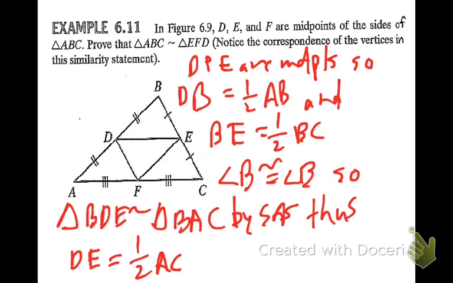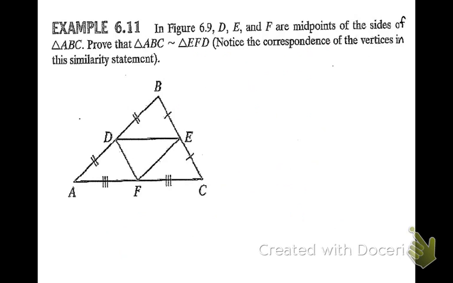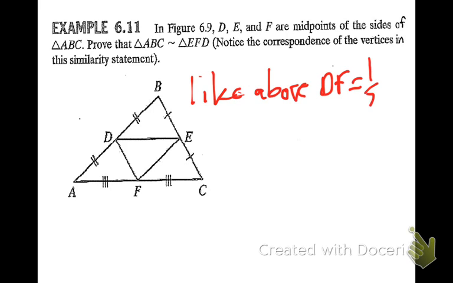And then we're going to do the same thing on the other smaller triangles, and we would show from that, like above, we've got DF equal to 1/2 BC, and EF equal to 1/2 AB.